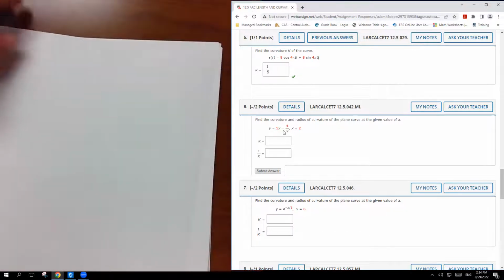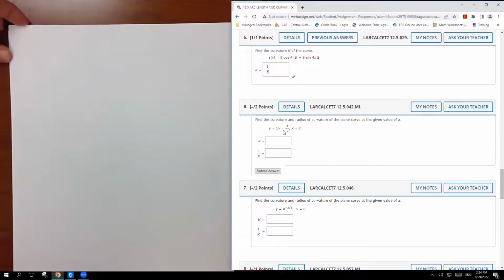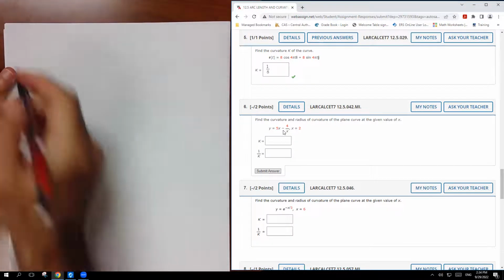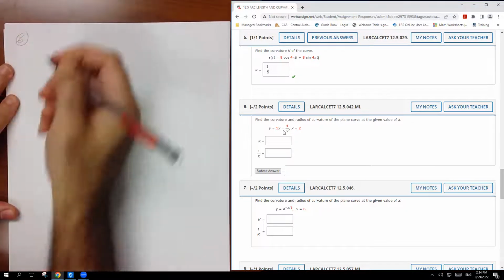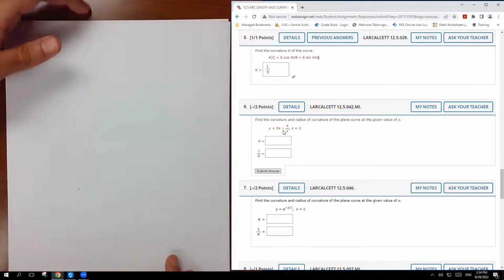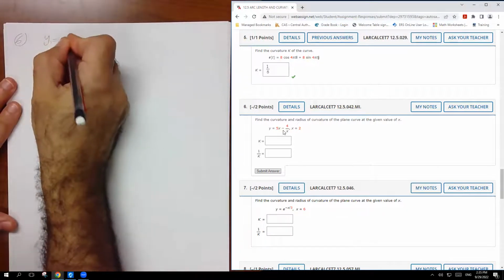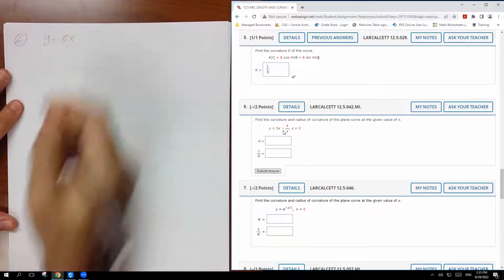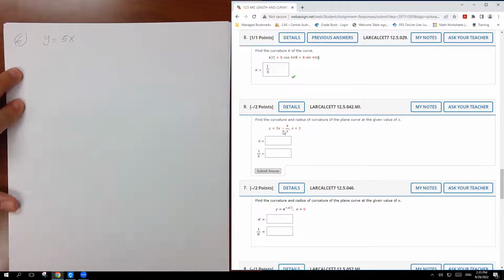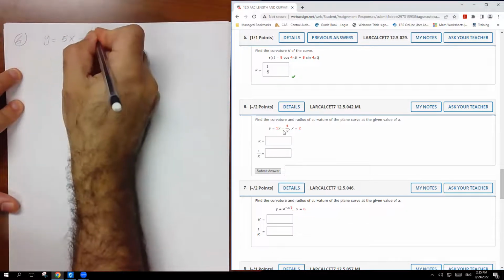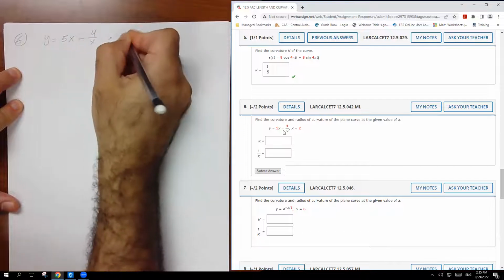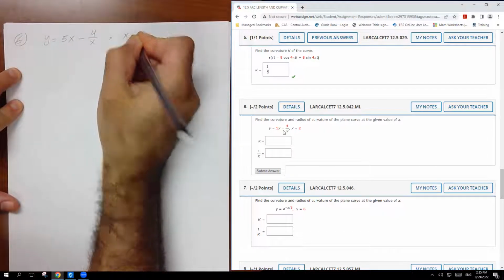let's change the page. So example 6, it says y equals 5x minus 4 over x, and they say x equals 2 at this point.